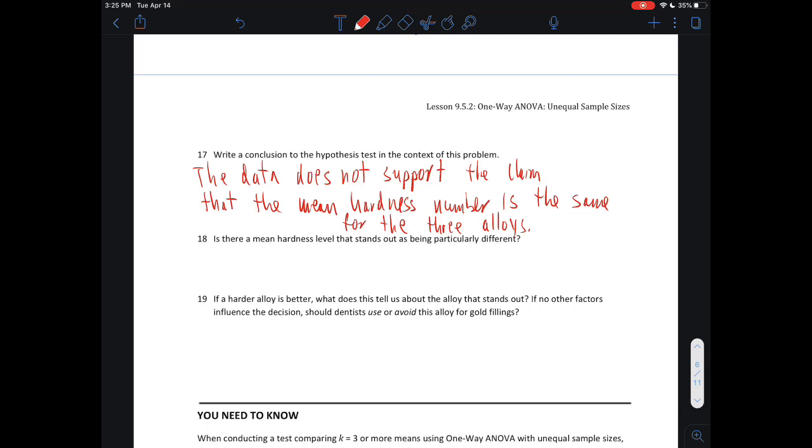You could also say the data supports that there is a difference between the 3 methods. Again, you can put this into context, but I just went back to their wording and used that.